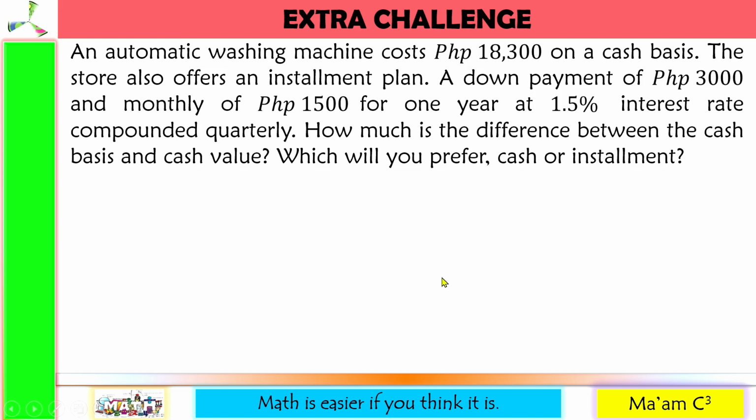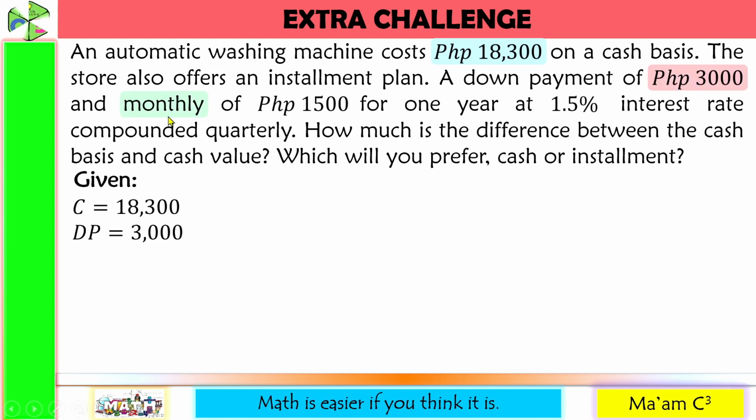Let us analyze. The annuity is monthly and this is compounded quarterly. So indeed, this is general annuity. Let us determine the given. The first thing we have here is 18,300. This is the cost on cash basis. And then there is also installment plan. There is a down payment of 3,000 pesos monthly.